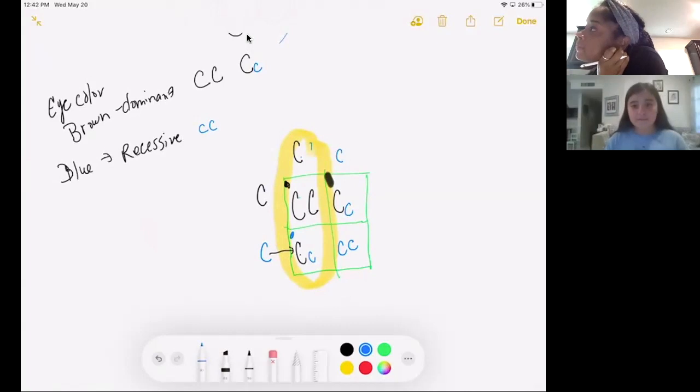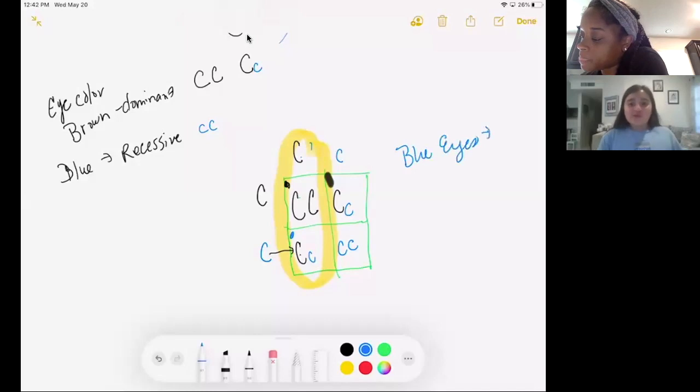So what is the probability of the child having blue eyes? I'll help you. You count 25, everything is 25% in each box.